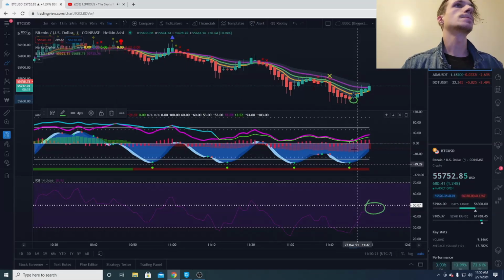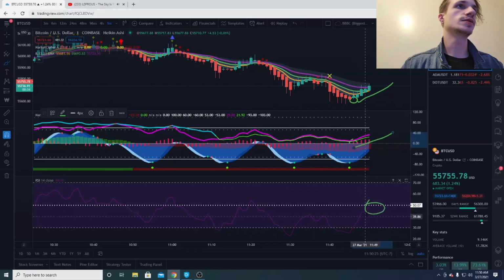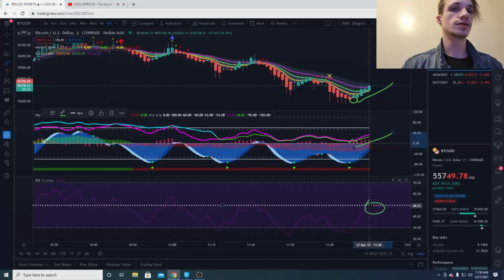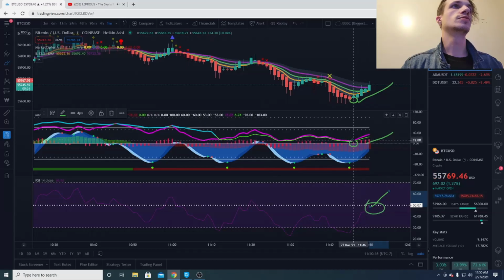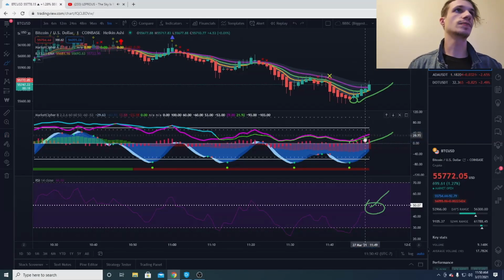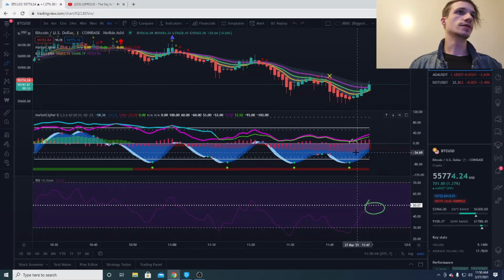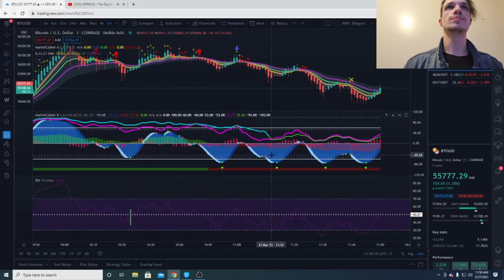All right, and you see that it starts trending up as soon as our histogram starts peaking up. So once we get that confirmation right here on the RSI, it is saying we're going to go up. And then you use your stochastic RSI and your normal RSI. So when your stochastic RSI and your RSI are pointing upwards, that means that the price is going up as well.